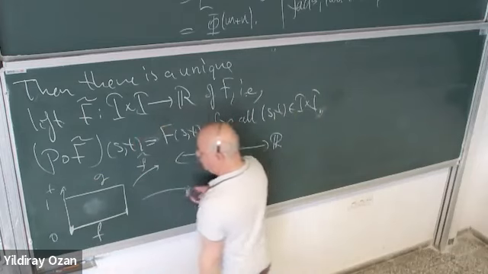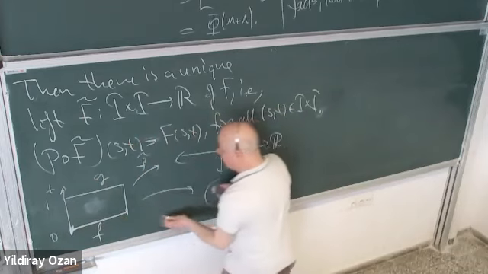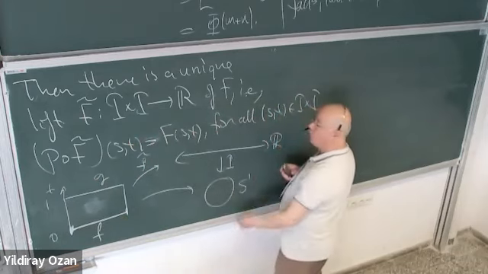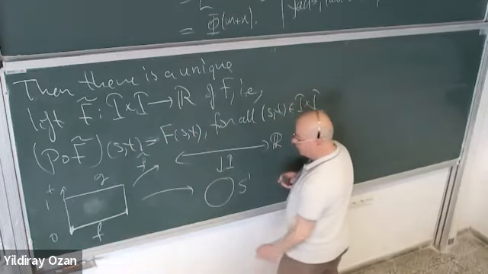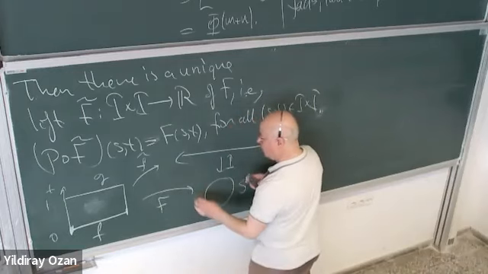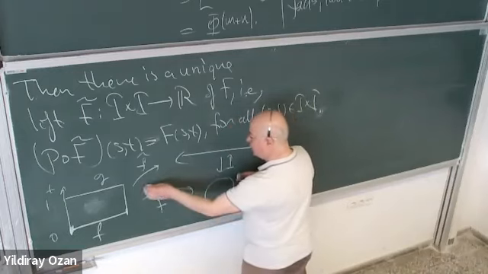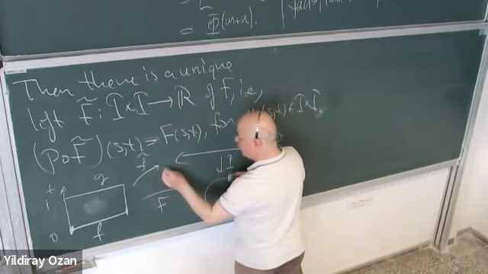So if one end of the homotopy is lifted, then the whole homotopy is lifted in a unique way. So I have f here, and then this will extend to the whole square, and I will get f tilde.